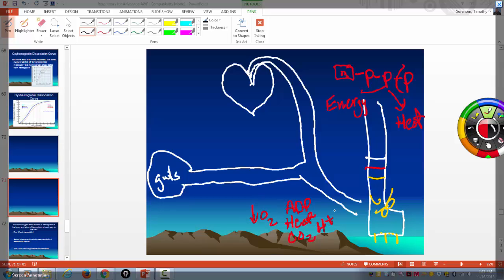And these guys here are massive arterial vasodilators. They will take arteries that were like this and make them like this.